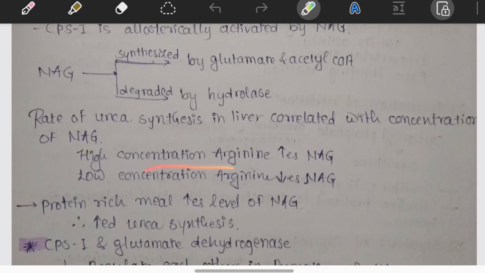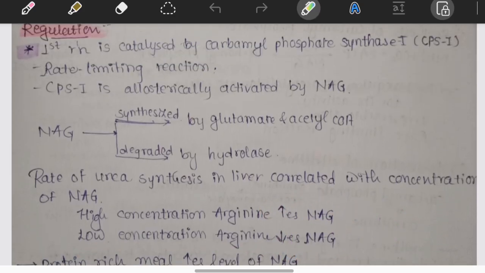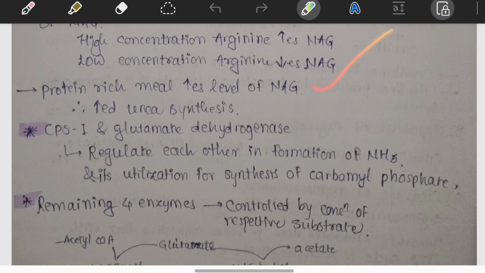A high concentration of arginine increases the N-acetyl glutamate concentration, and a low concentration of arginine decreases the NAG. This is the mechanism by which the reaction is controlled. Hence, it is the rate limiting reaction.